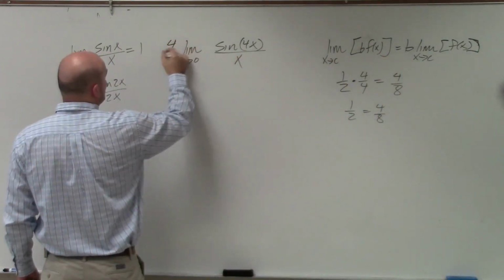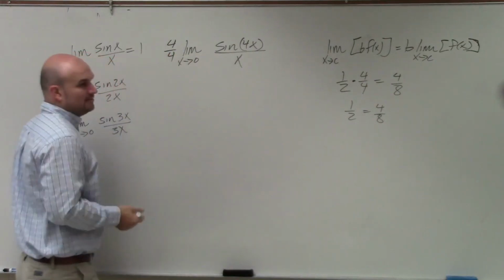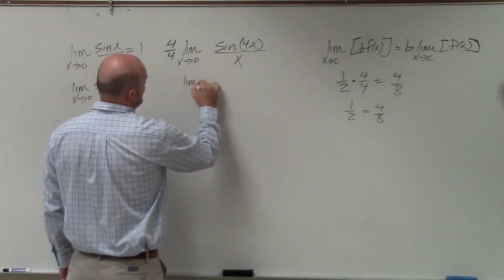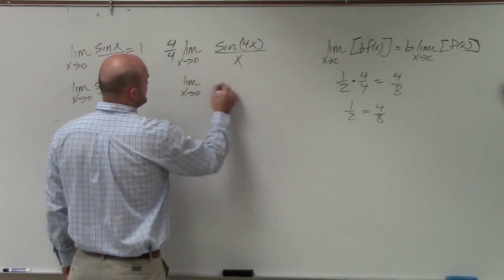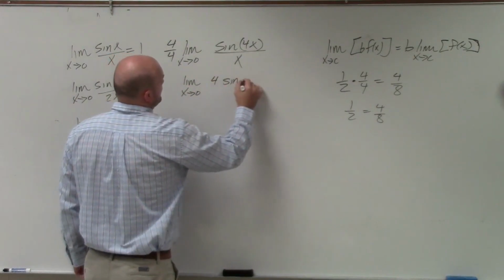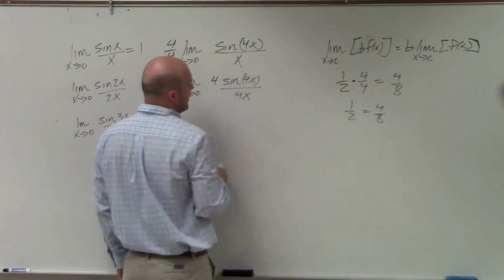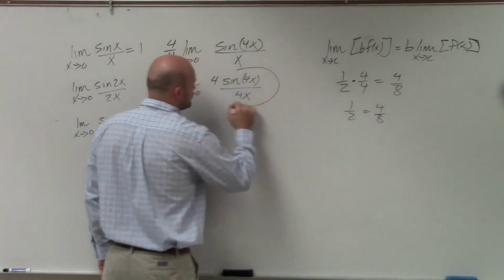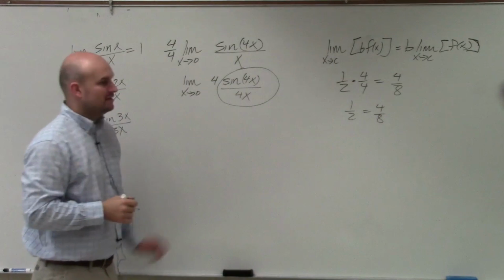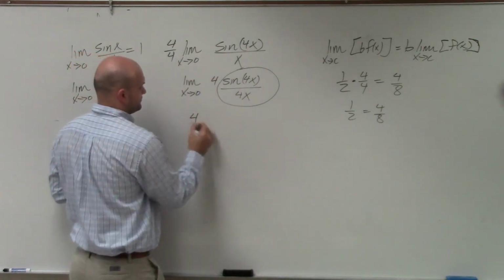So if I multiply by 4 over 4, now what I have is the limit as x approaches 0 of 4 sine of 4x over 4x. I can now group this together and take out that 4.